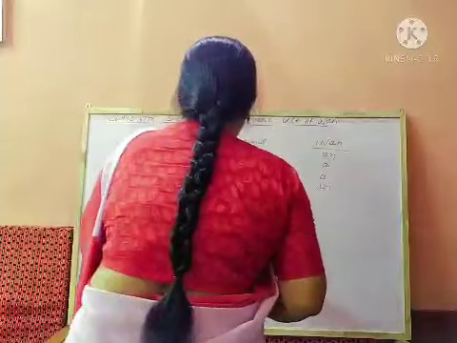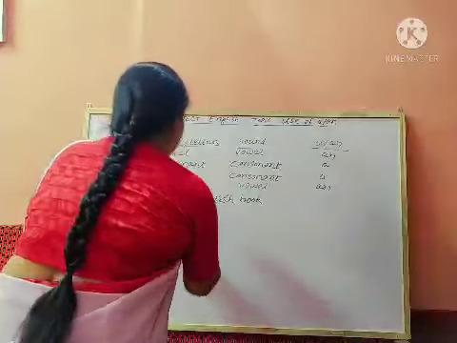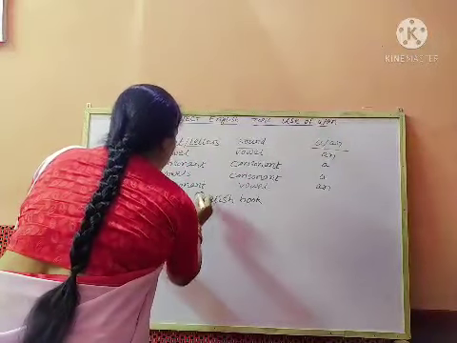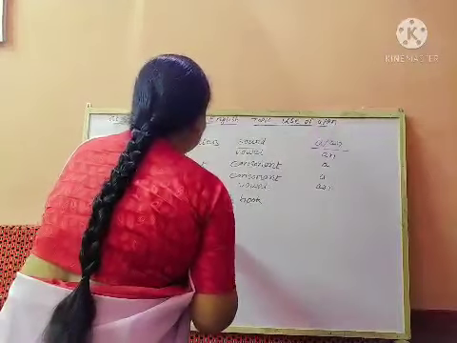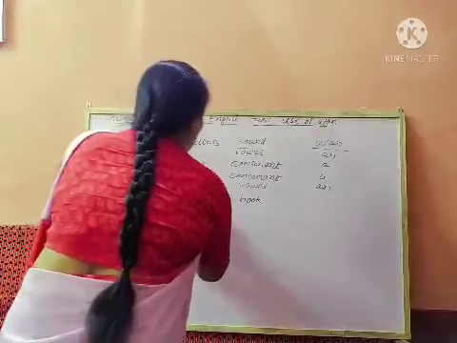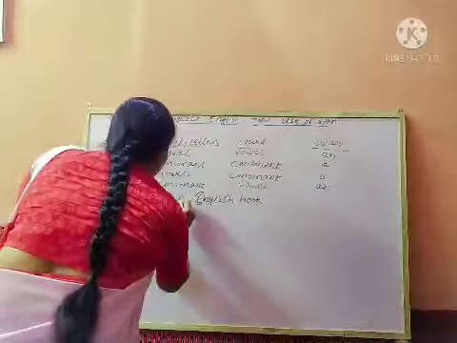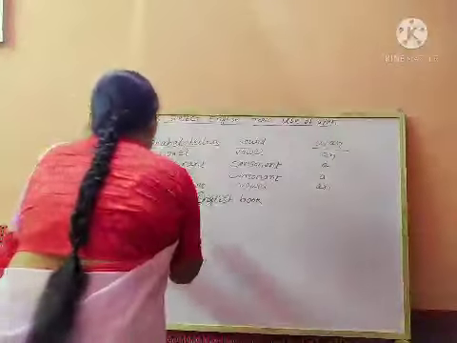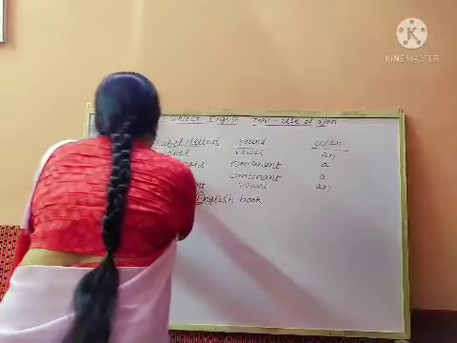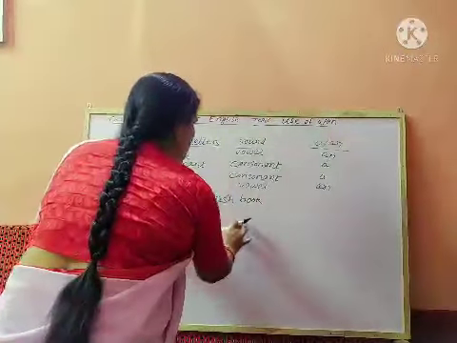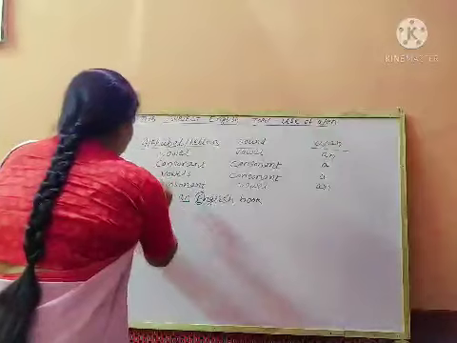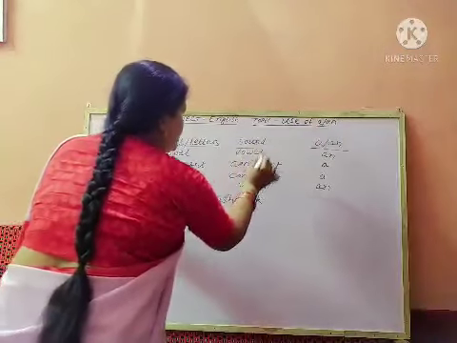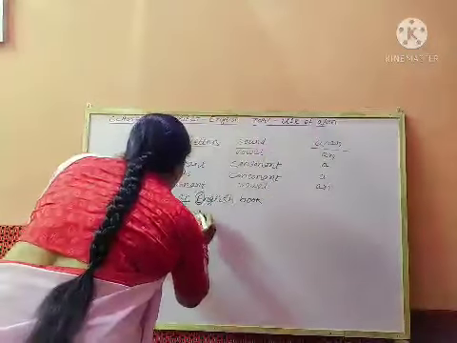E is the vowel letter and the sound is the vowel E. So in this place we use AN. Then consonant letter and consonant sound.